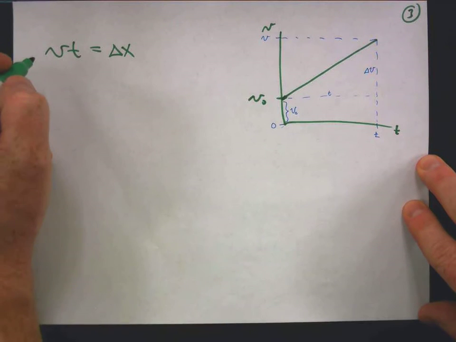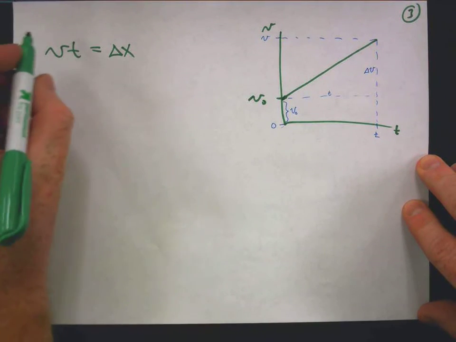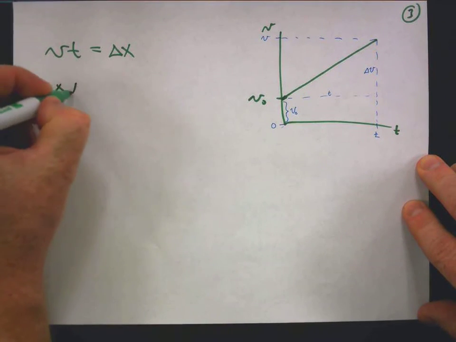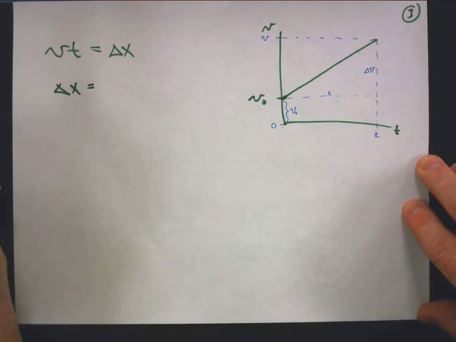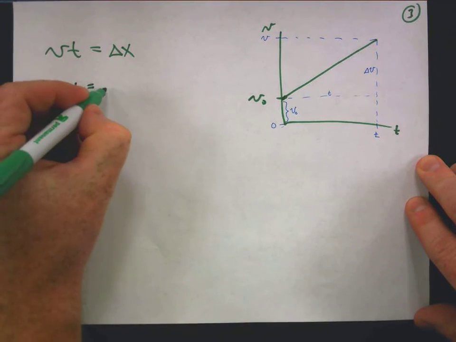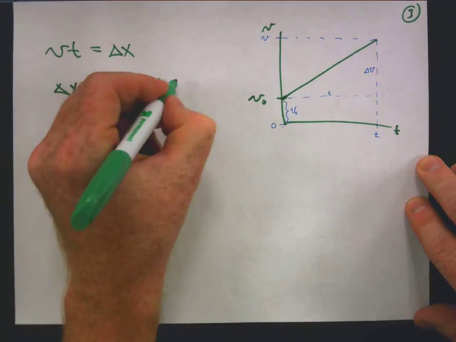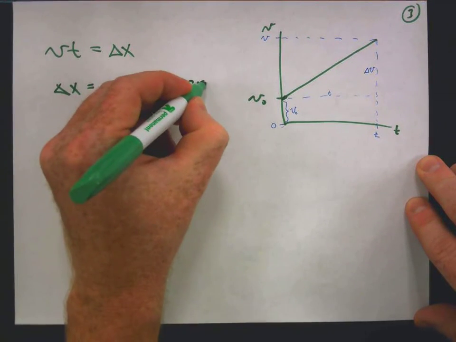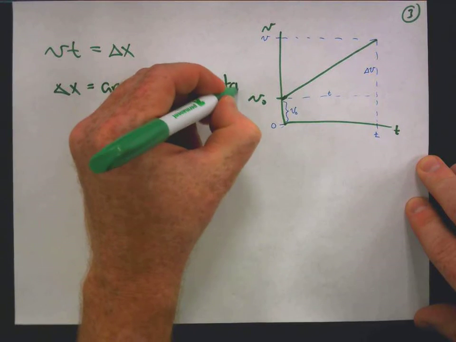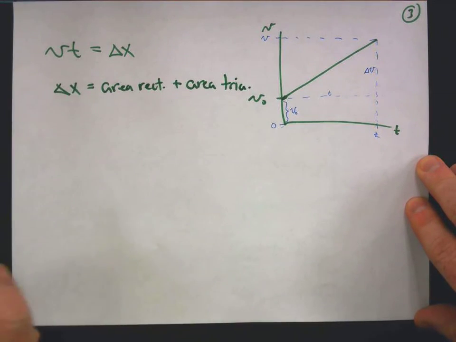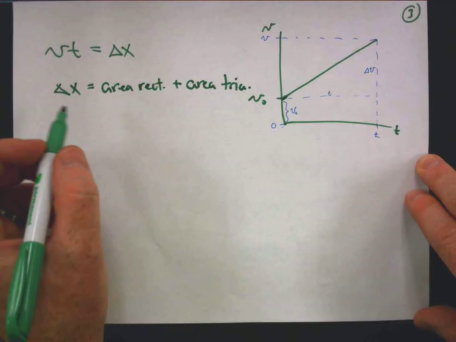So here we go, let's try this out. We have this displacement, and we're going to say we have the area of the rectangle, and we're going to add to it the area of the triangle. I'm running out of room, so I'm abbreviating.